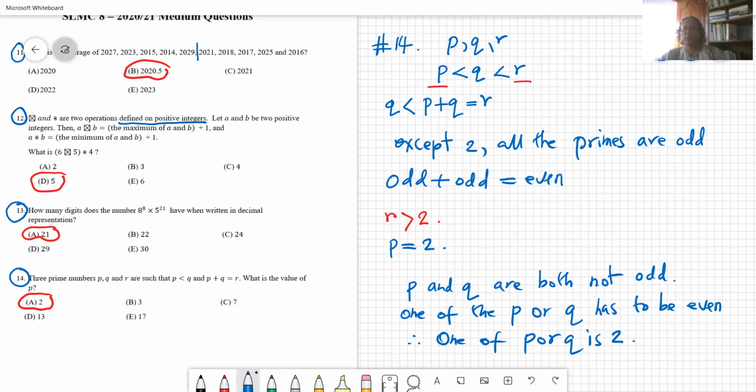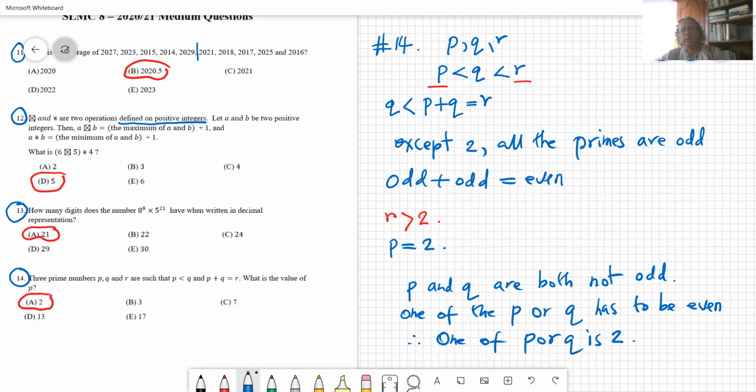So P and Q can't be both odd, because if they're odd, the sum is even, and then R is bigger than 2, right? So that means that one of P or Q has to be even.